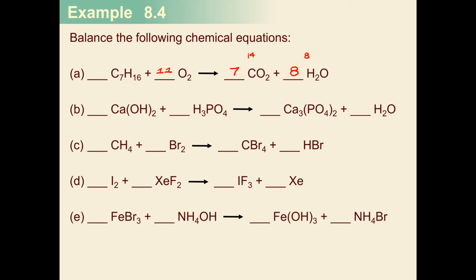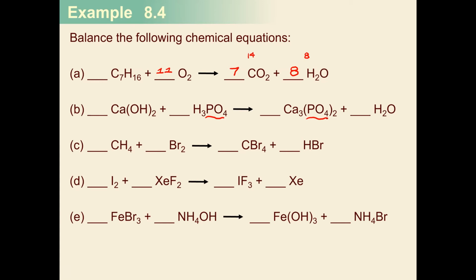Let's go ahead and look at B, because B is going to have one of the most important rules of balancing chemical equations. We typically call this the polyatomic rule. Notice that I have calcium hydroxide reacting with phosphoric acid, giving me calcium phosphate and water. It is important to notice that my phosphate here in my phosphoric acid stays together and is the same species that we see in the product.